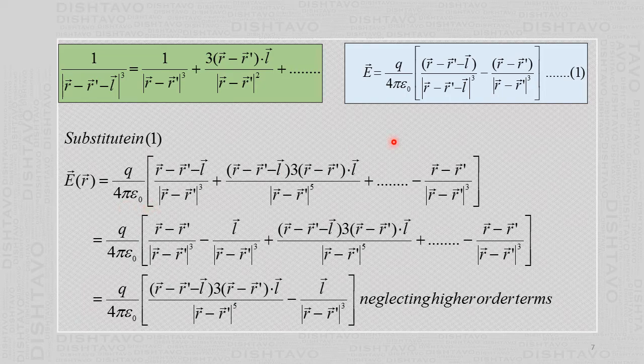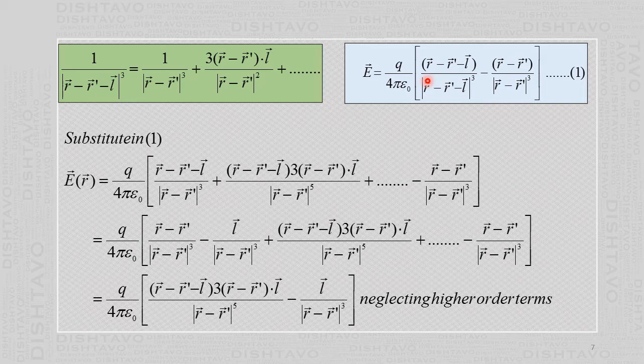Then this 1 by modulus of vector r minus r dash minus vector l raised to 3, we substitute here. Now this will remain in the numerator, r minus r dash minus l, divided by this term, plus this term, which is vector r minus vector r dash minus l into this written here. Then here this is the second term of that equation 1.